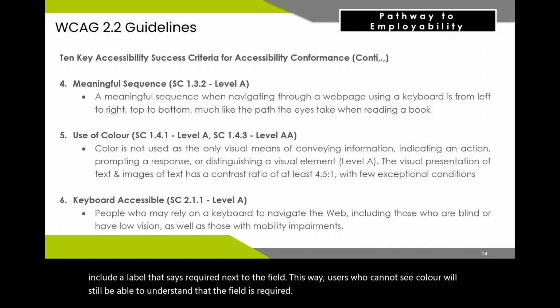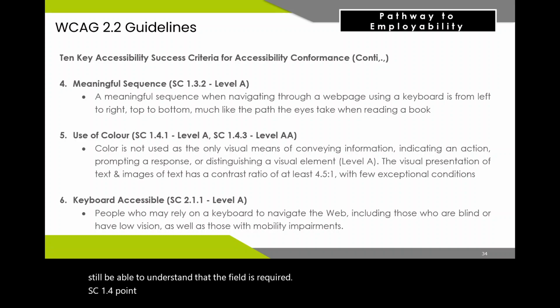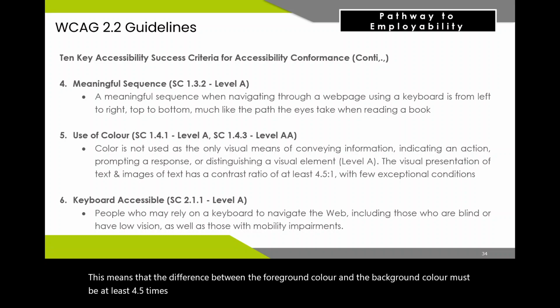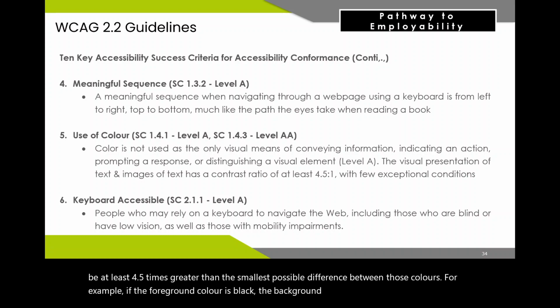SC 1.4.3 Contrast, Minimum. It requires that all text and images of text have a contrast ratio of at least 4.5:1. This means that the difference between the foreground color and the background color must be at least 4.5 times greater than the smallest possible difference between those colors. For example, if the foreground color is black, the background color must be at least #333333, dark gray.